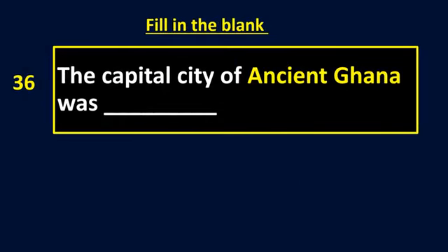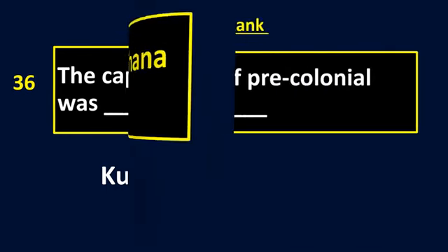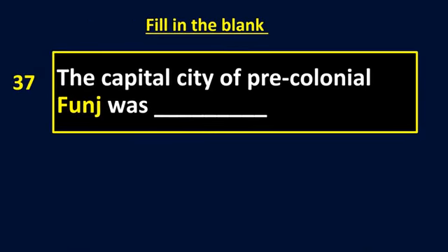Fill in the blank space. 36. The capital city of ancient Ghana was. The answer is Kumbi Saleh. 37. The capital city of pre-colonial Funj was.